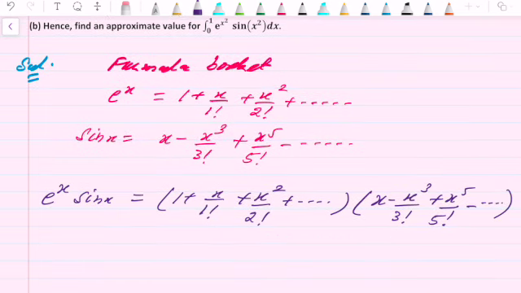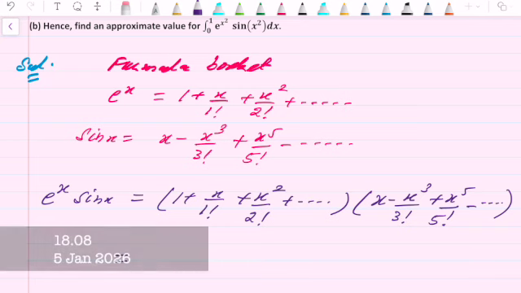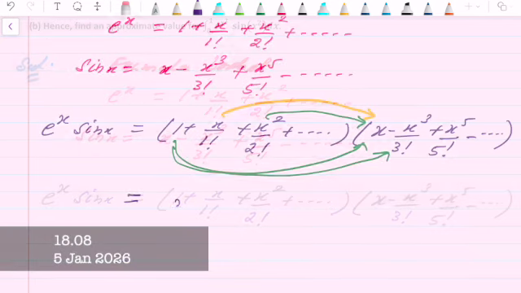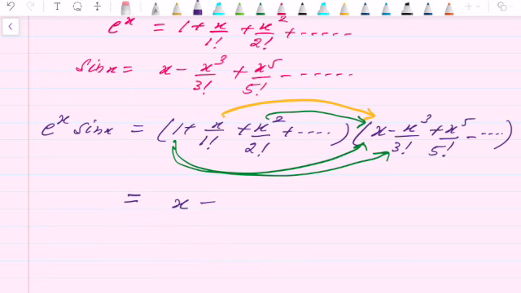Now we multiply each term with the first expression in the bracket to get x cube. That is x, 1 with x cube, that is x cube by 3 factorial, x with x, that is x squared by 1 factorial, and then x squared by x, that is x cube by 2 factorial and so on.